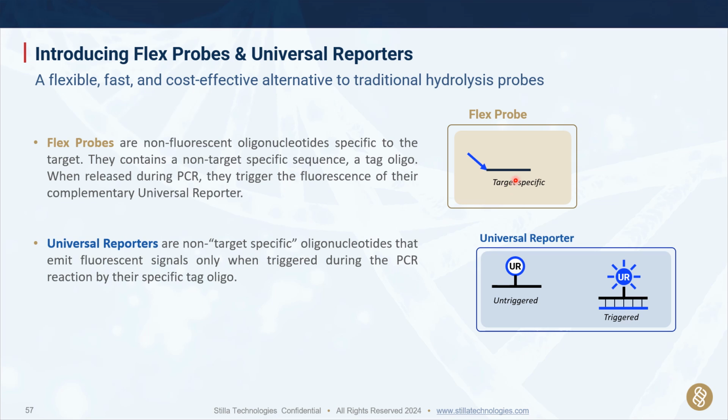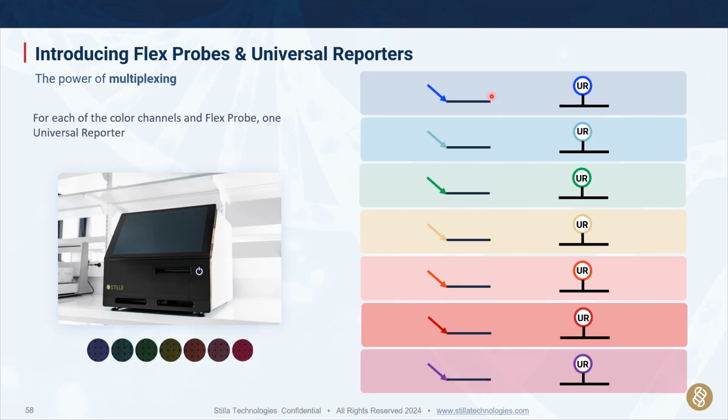The flex probe is a target gene-specific region or oligonucleotide that is tagged with a smaller nucleotide that is specific to the reported gene of interest. And then a universal reporter is an oligonucleotide with a fluorophore, and only once this tagged nucleotide is released upon amplification and binds to the reporter is the fluorescence being generated. And these are the different fluorophores that are available on the NEO system, so 7 different colors in total.